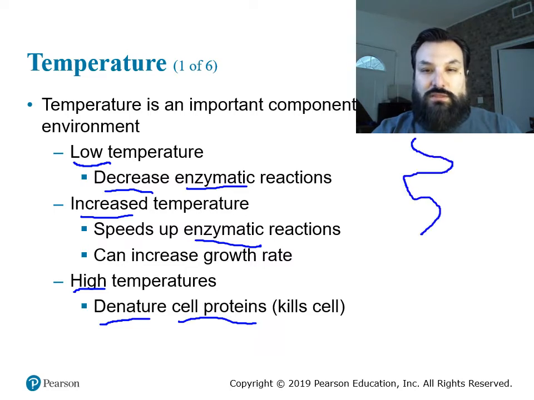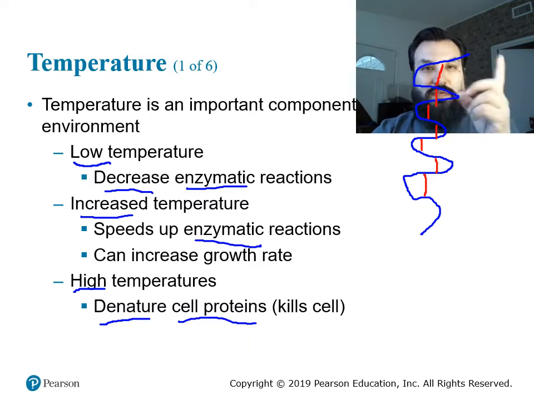So let's say that the shape is like this. This line represents all of the amino acids bonded together, and we hold the shape just like this because of these red lines. These red lines represent bonds in between the amino acids, making this nice kind of helix shape. Everybody see the helix there?